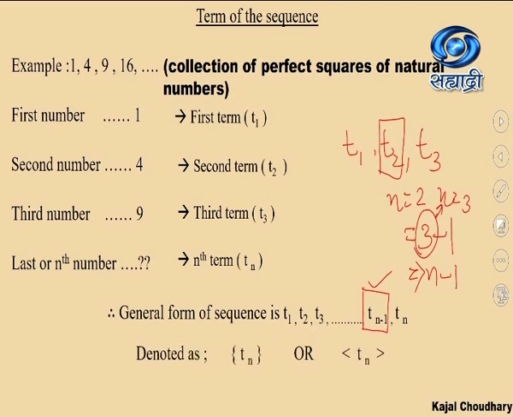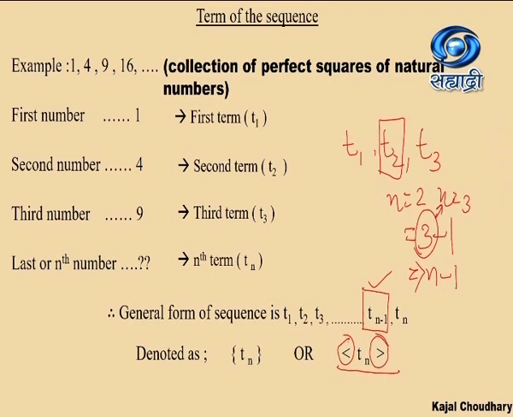And how are we going to denote it? It will be denoted as Tn within curly brackets, or we can show them between the comparison signs that we use when comparing whether numbers are greater or less. So this is how we basically denote or represent a particular sequence.